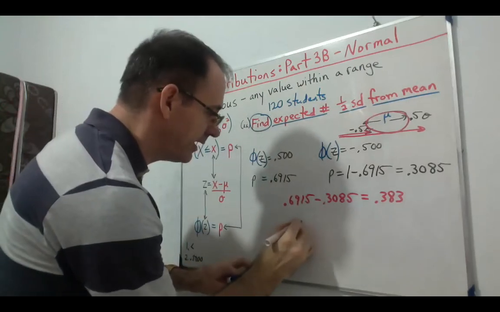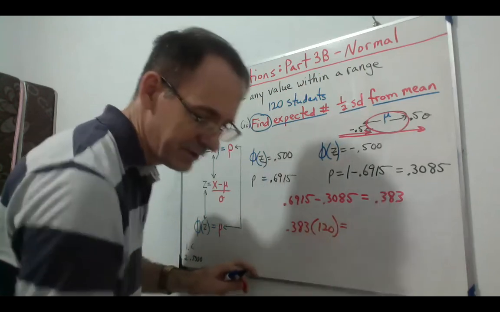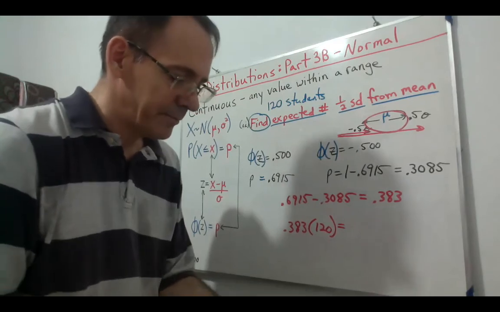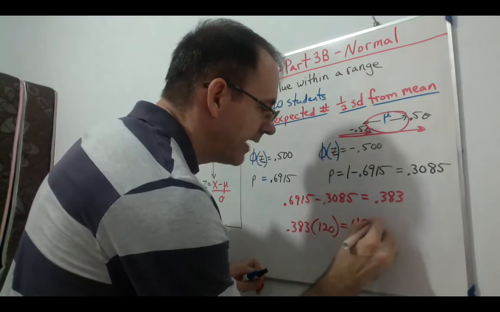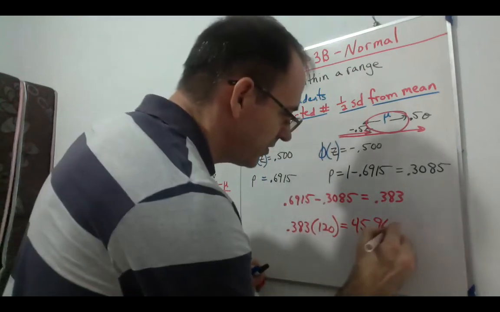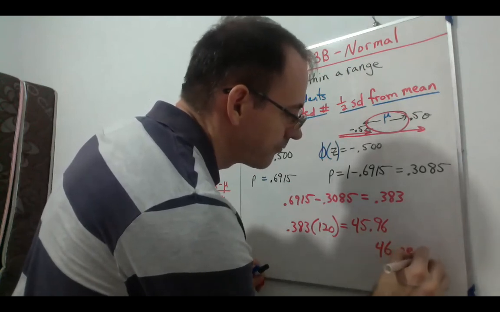So 0.383 times 120 means we expect 45.96.